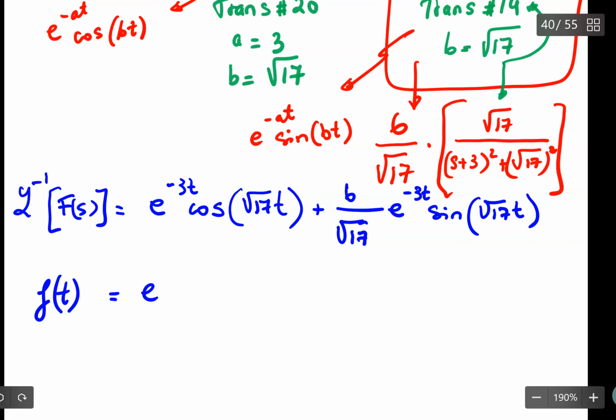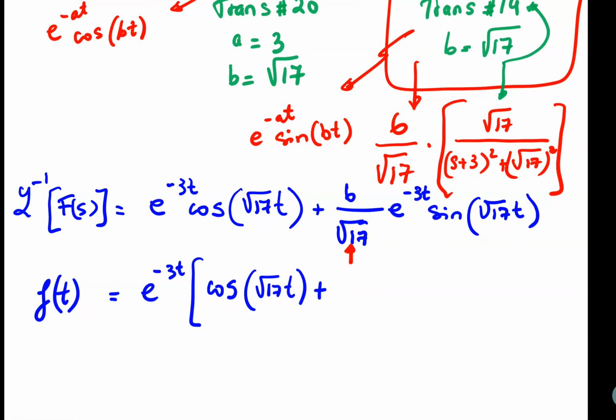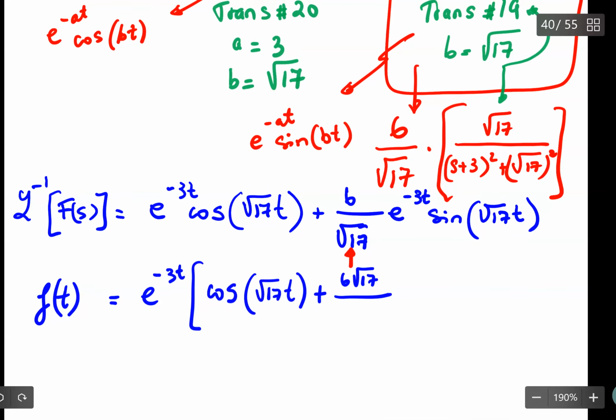So I will factor out e to the exponent negative 3t. So inside the bracket, I'm left with cosine of square root of 17t as the argument. At the same time, I would like to rationalize the denominators. So rationalize the denominator means that I multiply square root of 17 to the denominators and also to the numerators. So when I multiply square root of 17 to the denominator, I should have 17 left.